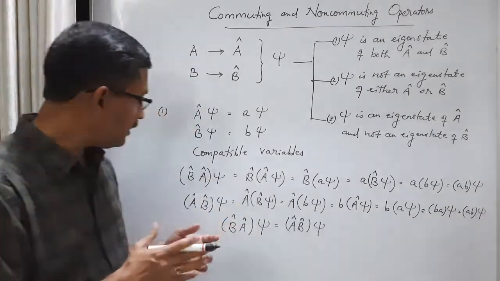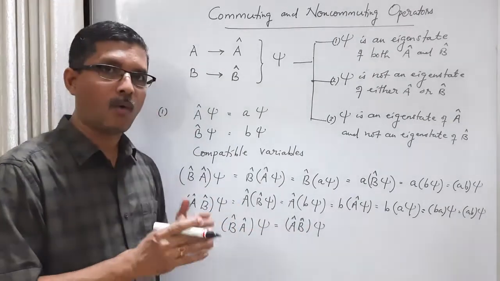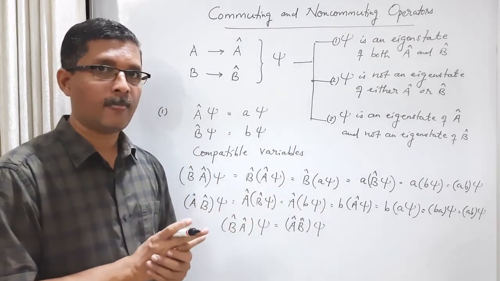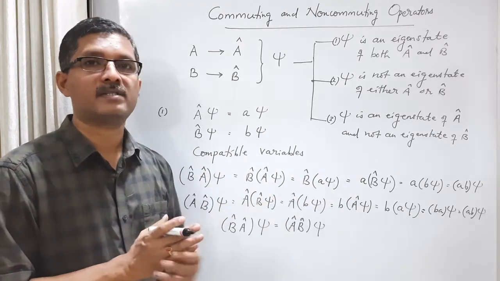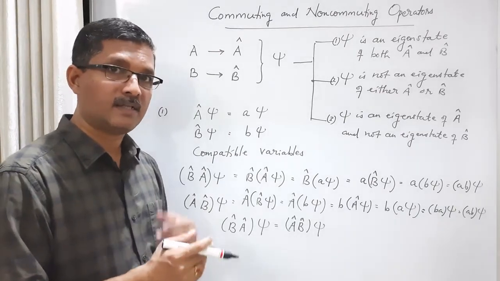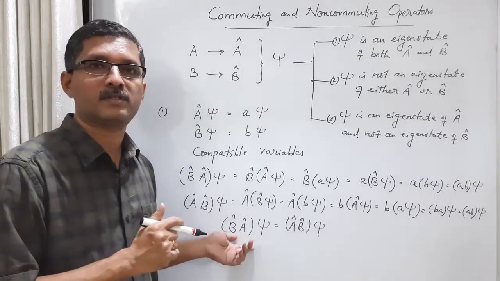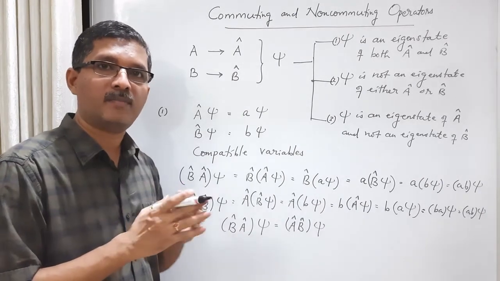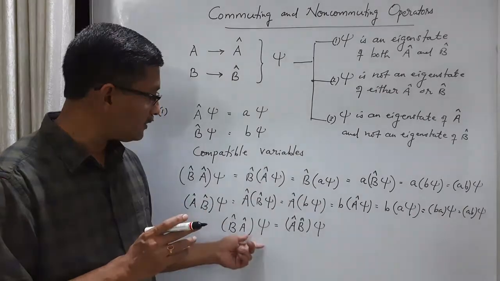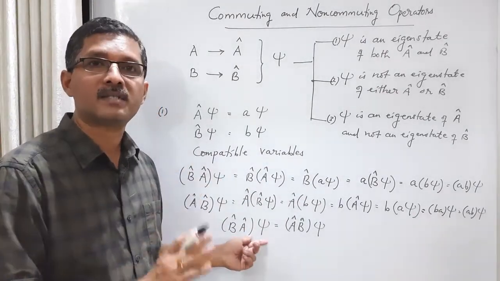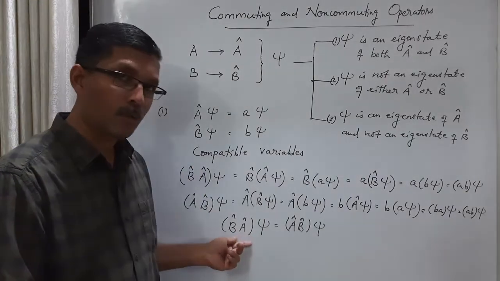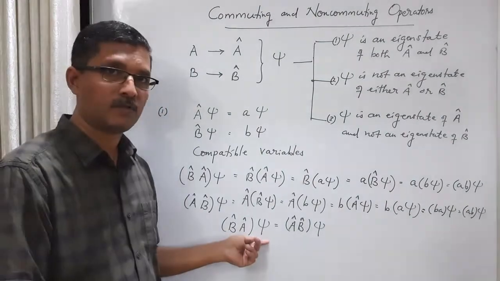So my point is, if this equation is satisfied by the complete set of eigenstates of A and B for the system, then it means that this equation is true for any general state of the system, because any general state can be expressed as a linear combination of these eigenstates. Then we can show that if it is true for the complete set of eigenstates for these two operators, it is true for any general state of the system.